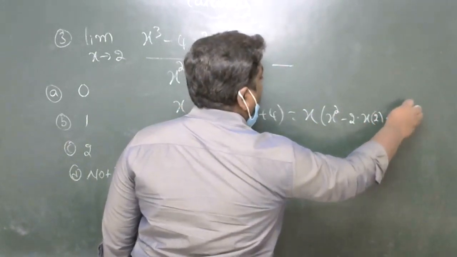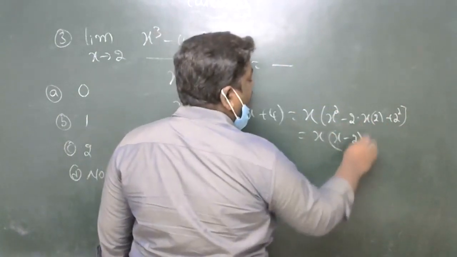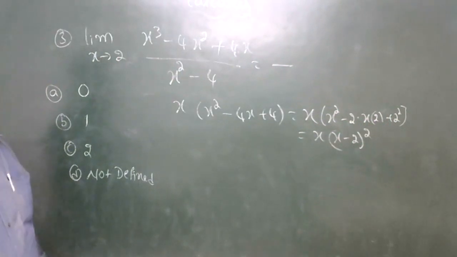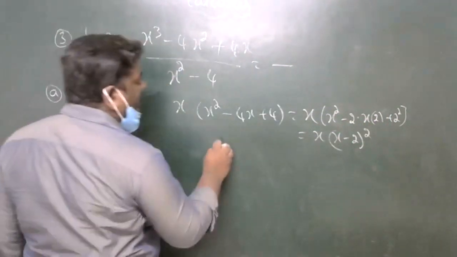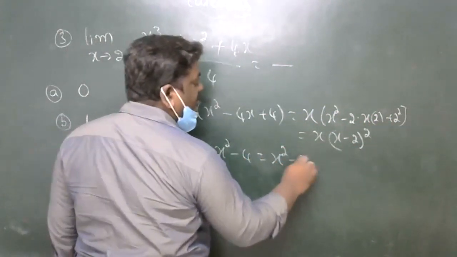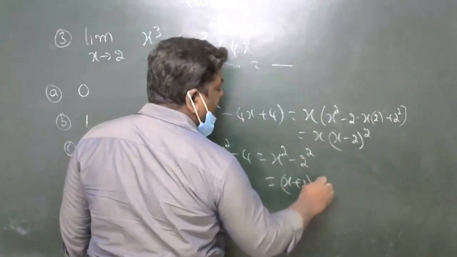That means by the a minus b whole square formula, it is x minus 2 whole square. In the denominator, x square minus 4 is there. You can write that as x square minus 2 square. You have to apply the a square minus b square formula: x plus 2 into x minus 2.